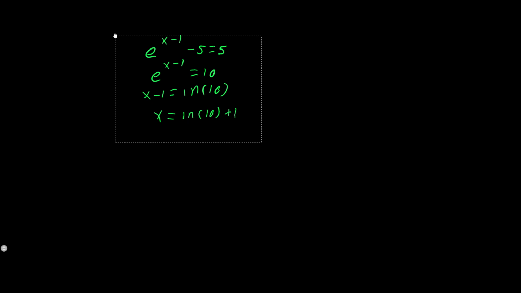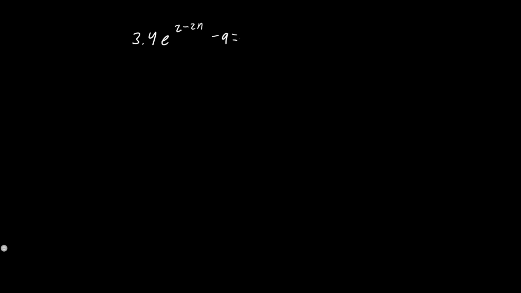So let's go ahead and look at the final two examples. So here we are going to have 3.4 e to the power of 2 minus 2n, minus 9 is equal to negative 4.